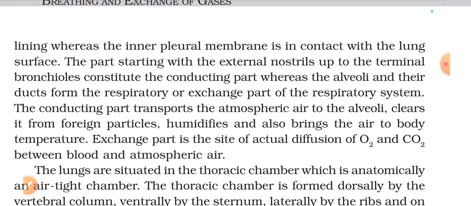The conducting part transports the atmospheric air to the alveoli, clears it from foreign particles, humidifies it, and also brings the air to the body temperature. The exchange part is the site of actual diffusion of oxygen and CO2 between blood and atmospheric air.